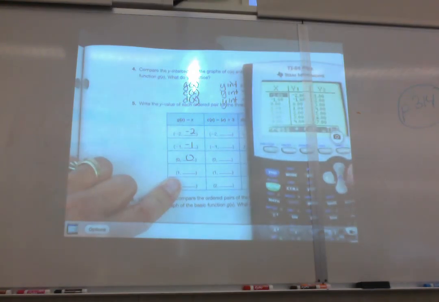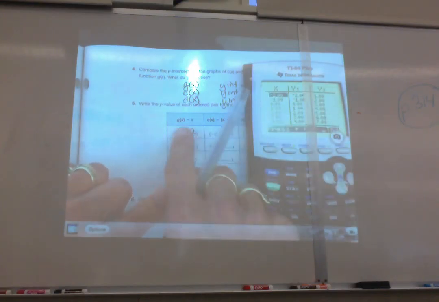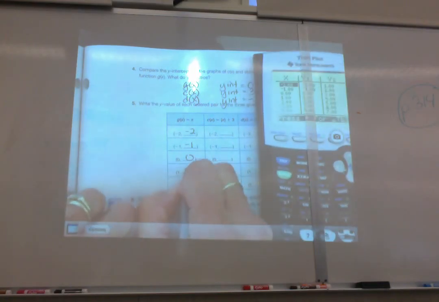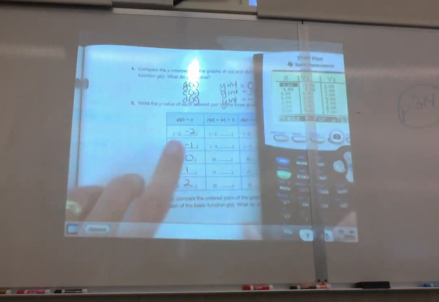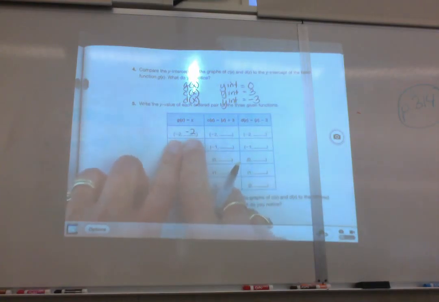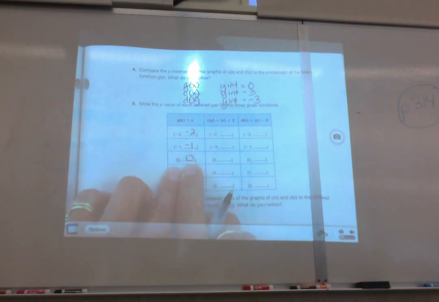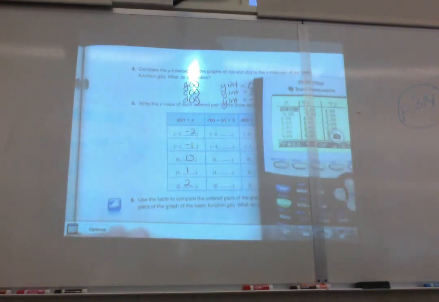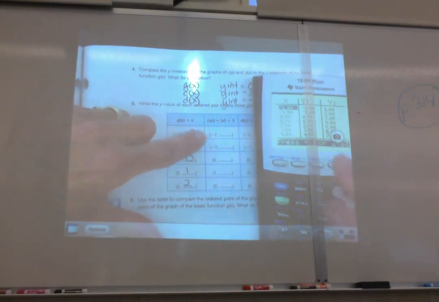I'm looking at the x's, which is the first value in an ordered pair, and y1 is this function. Okay, so I've got 0, 1, and 2. What do you notice about the x's and y's before we move on? They're the same.